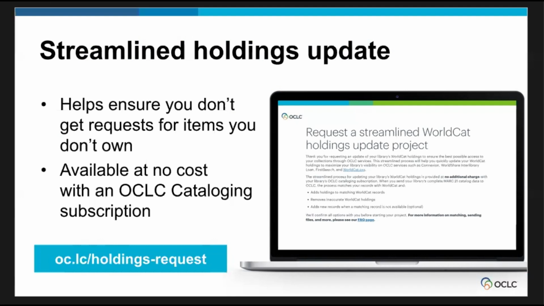It may not be your role in the library, but you can work with your cataloging team to do that. This form doesn't commit you to doing it. You fill it out, they do a little meeting with you, we go over it with you, then you decide if you want to move forward. And we actually loosened up, you can do it maybe yearly. When they first rolled it out it was one time, that's true, but we decided it's very helpful for everyone.